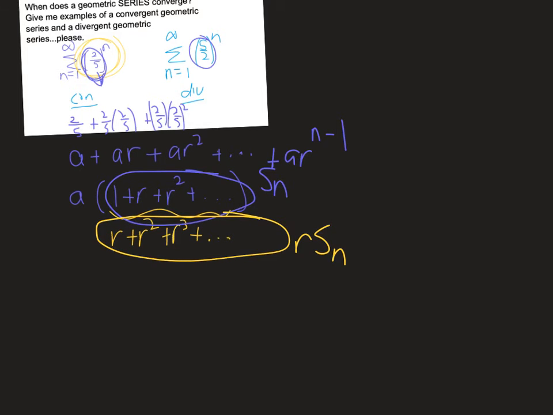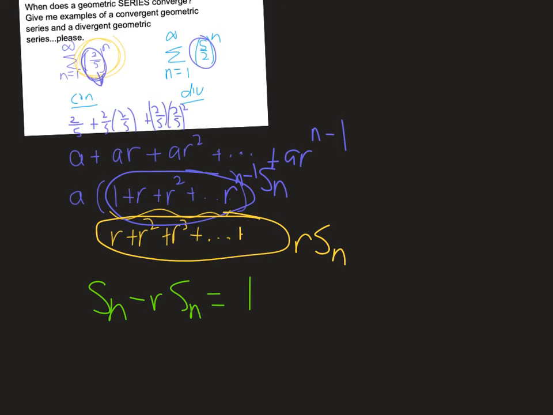And let's suppose we tried subtracting these. What's Sn minus rSn? Well, I'm going to start with the 1. And then the r minus r, r squared minus r squared, this goes up to r to the n minus 1.